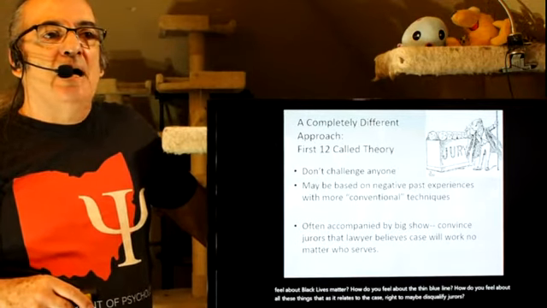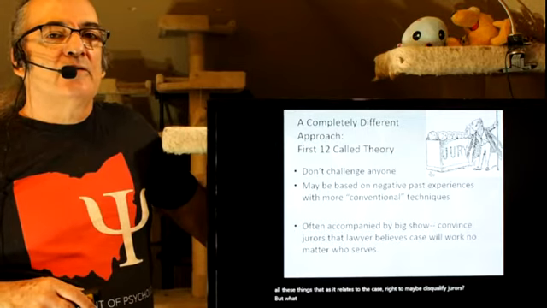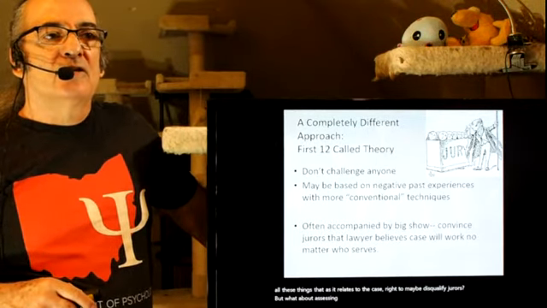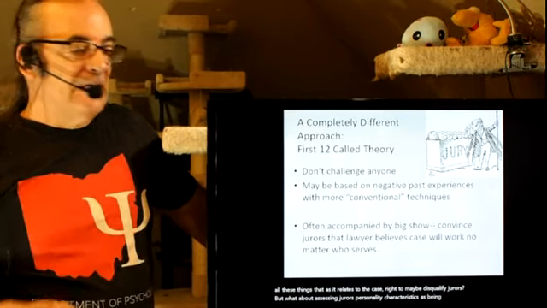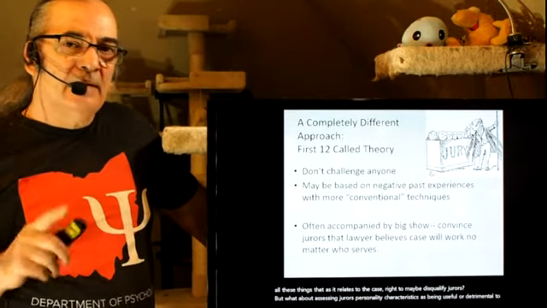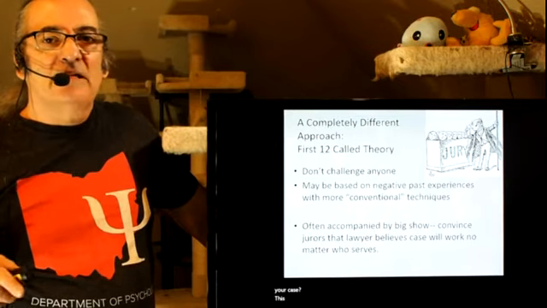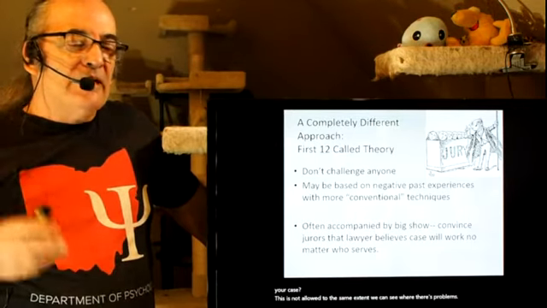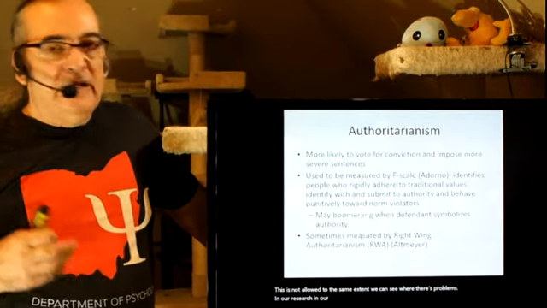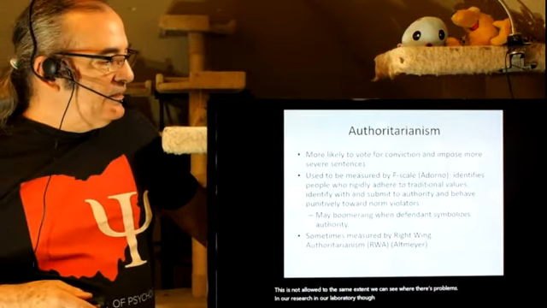But what about assessing jurors' personality characteristics as being useful or detrimental to your case? And this is not allowed to the same extent. We can see where there are problems. In our research in our laboratory, though, because it's in a laboratory, we of course did some of this.